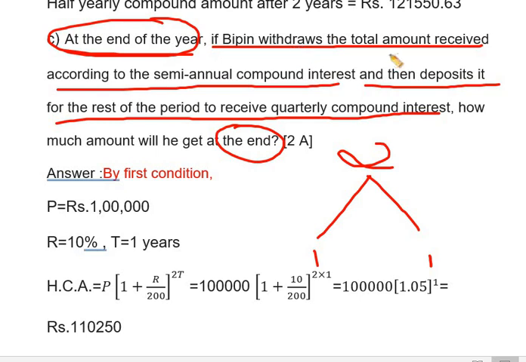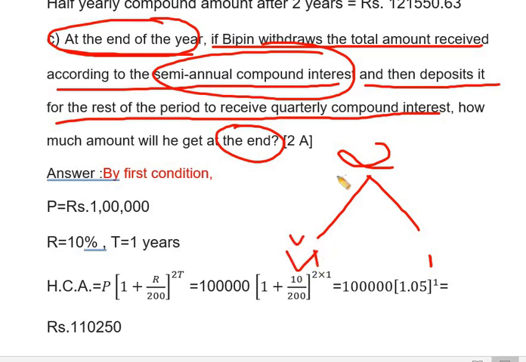If Bipin withdraws the total amount received according to semi-annual compound interest, it means Bipin first deposits the amount for 1 year at semi-annual compound interest.